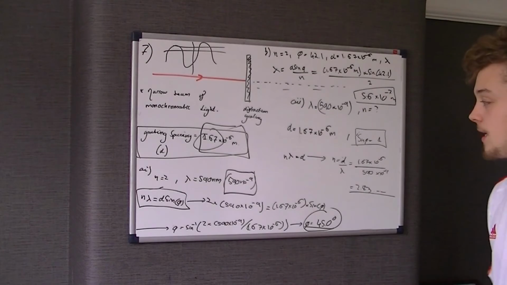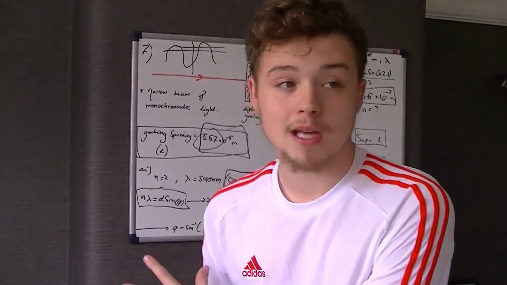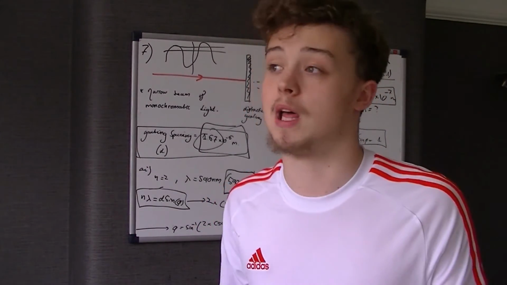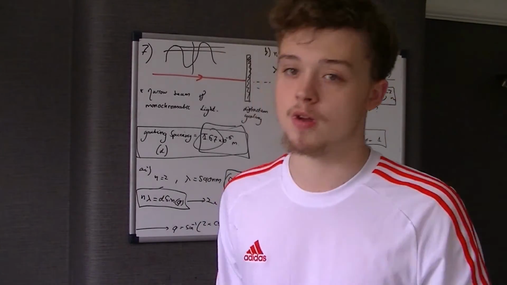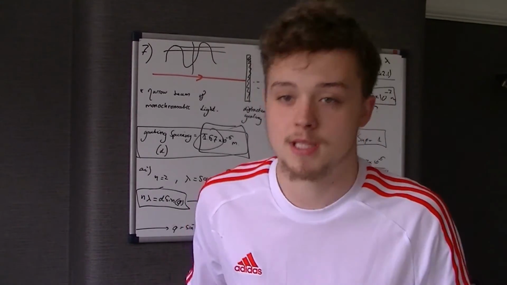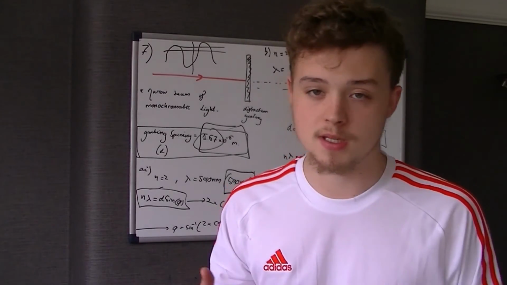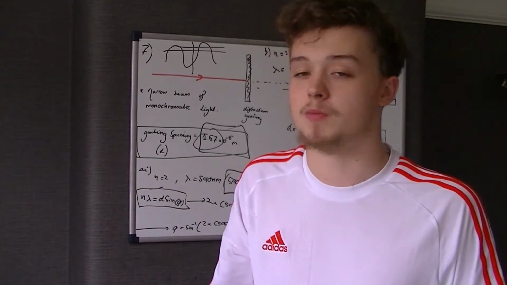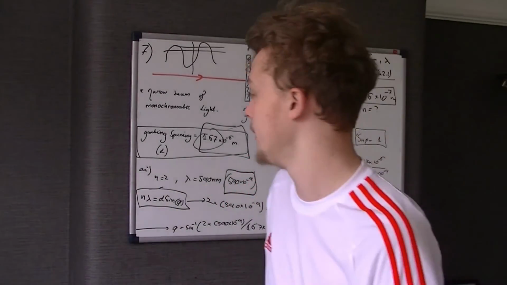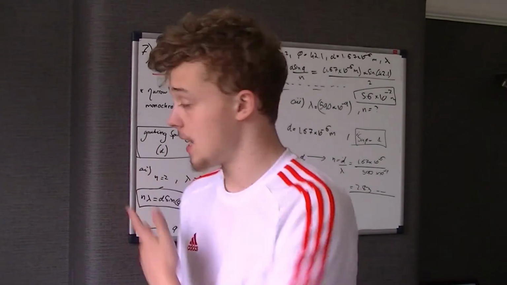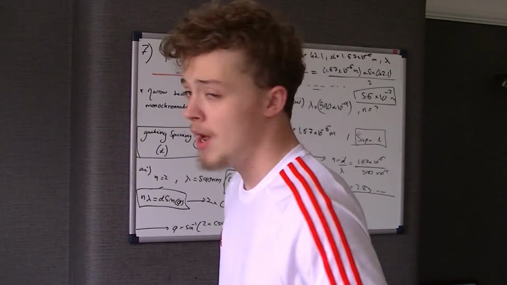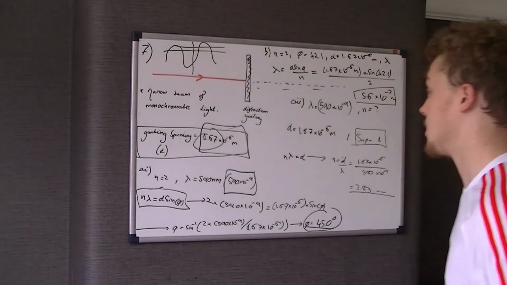If they don't give you that, they will say that it has 300 lines per millimetre, which obviously you need to convert to metres, so you just multiply it up, okay. But as I said, they gave you the grating spacing in this question, so I think question 7 was very, very easy.